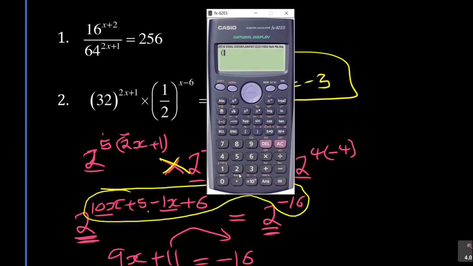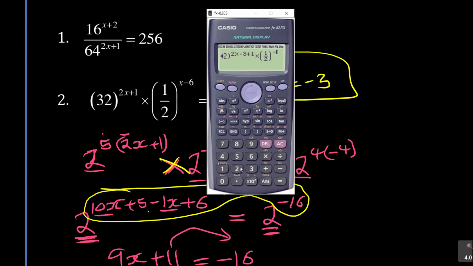I've got bracket 32, that's how we test it, and then it's to the exponent of 2 times -3 plus 1, right? And then again times, open bracket, it's a fraction, 1/2, and then close the bracket, to the exponent of what?